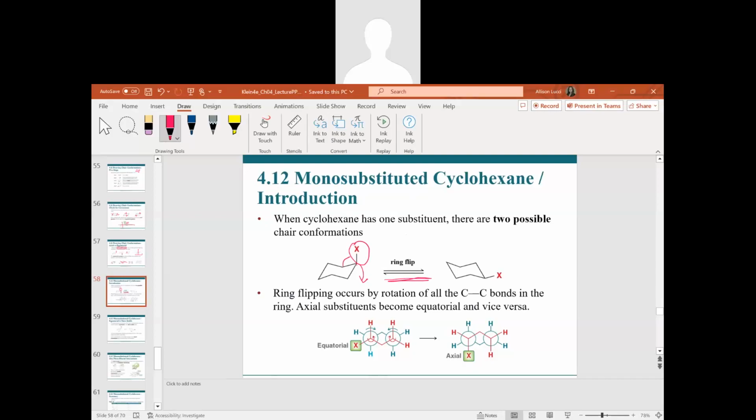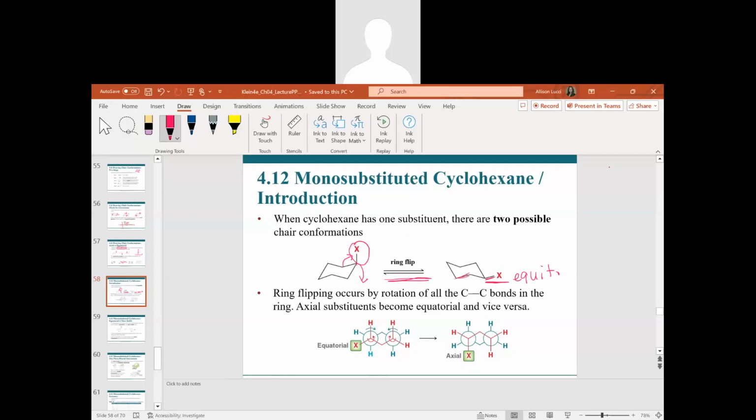This carbon here would flip upward. So the first carbon that I moved with the axial substituent has moved down here. And we see that this has now become an equatorial position for the substituent, right? Based on this line here being parallel to this line here.